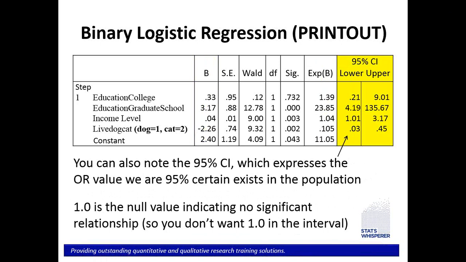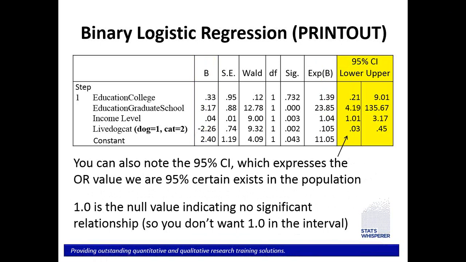But the 95% confidence interval is our way of saying we're 95% confident that the actual odds ratios are between this lower bound and upper bound number. And of course, the smaller the interval, the more stable the finding.